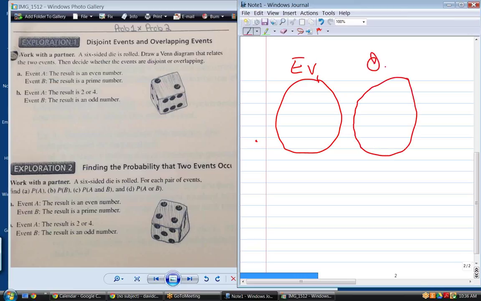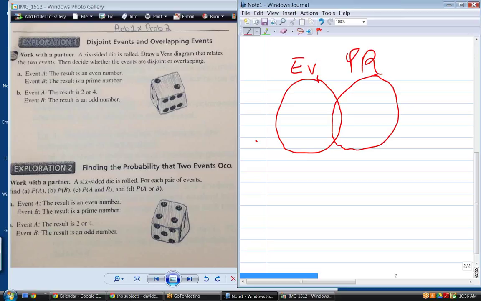Should those be separate like I've drawn them or overlapping? Overlapping. Oops, my bad. Result is an even number. The event B is the prime number. Okay. That's what you get when you take things for granted. Just assumed that it was going to say odd. But it doesn't. It says prime. Are those overlapping, and why?